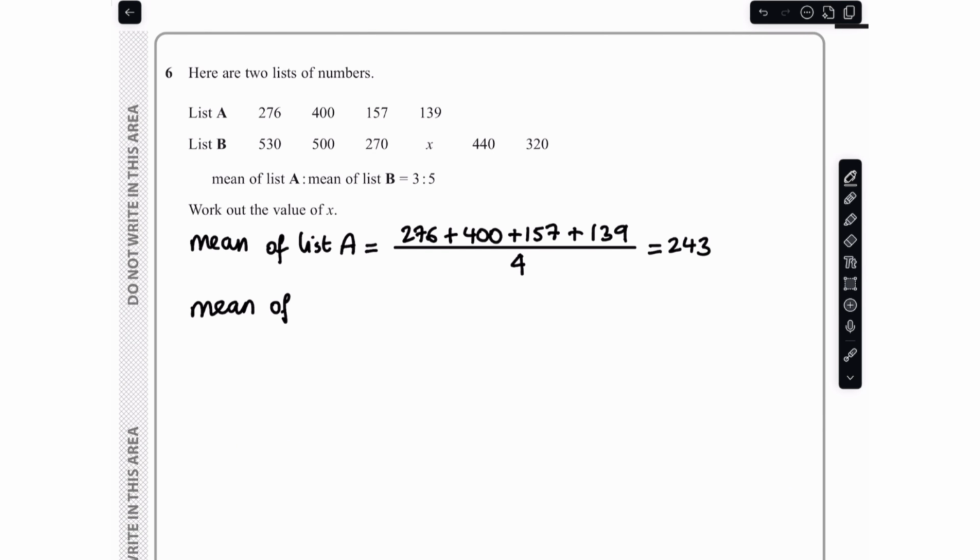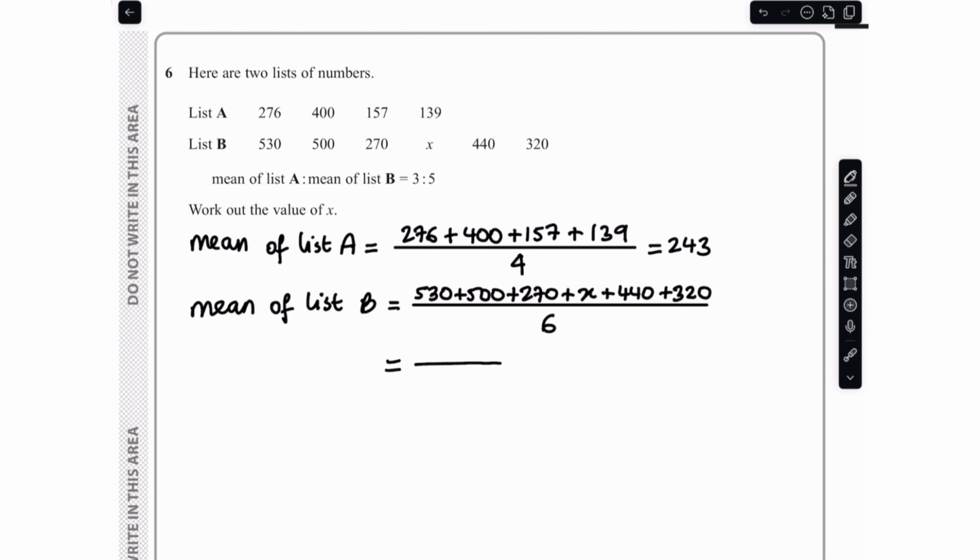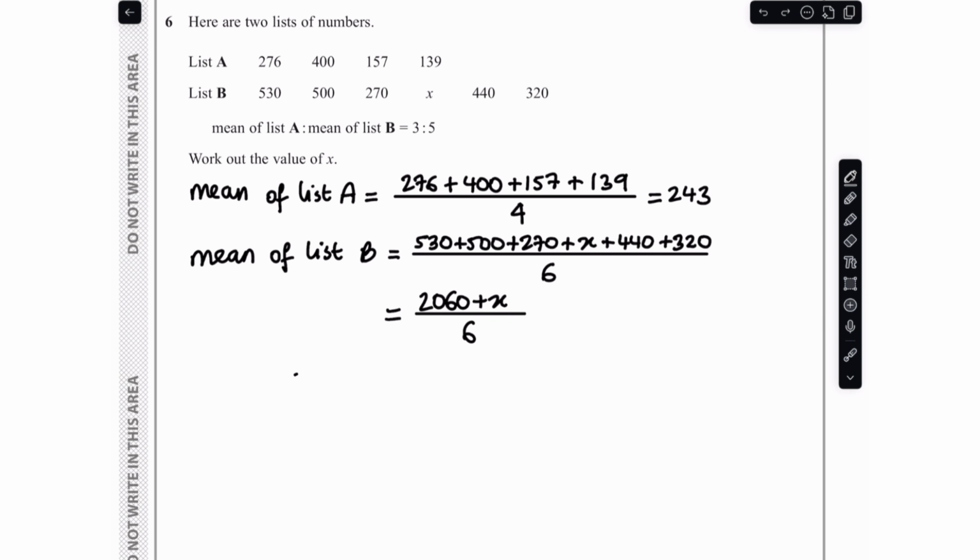And the mean of list B equals 530 plus 500 plus 270 plus x plus 440 plus 320 divided by 6, and that simplifies to (2060 plus x) divided by 6. And remember that the ratio 3 to 5 can also be written as 243 to (2060 plus x) all over 6. And so 243 divided by 3 is 81.